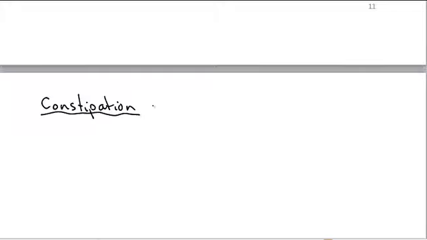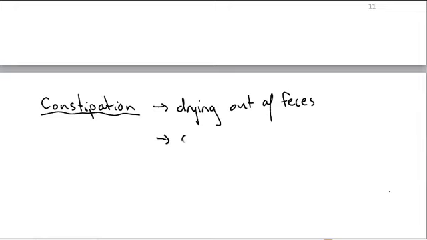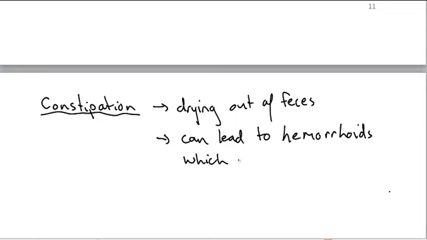This is the condition of the drying out of feces, not enough water. It can lead to what's called hemorrhoids, which are enlarged blood vessels around the anus.